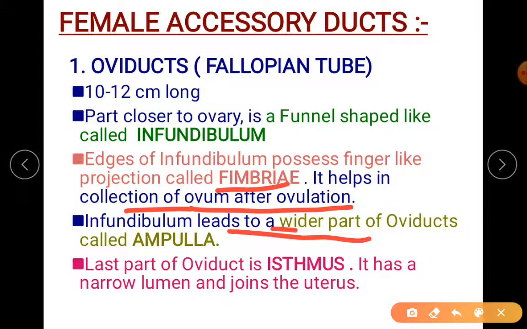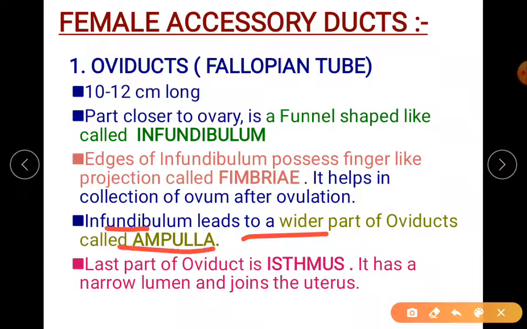Infundibulum leads to a wider part. Remember, even in your male reproductive system, after the vas deferens, you came across a little wider part which is called ampulla. Similarly here also, any wider part we name as ampulla. So just compare in your free time. Remember this: infundibulum leads into a wider part called ampulla.